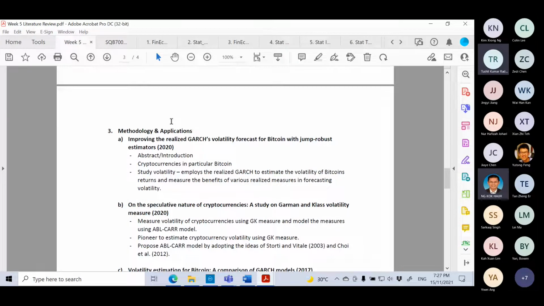So in the third section, we have methods. We need to come up with the methods. What I mean by methods here is that maybe they have a certain model, and then they use that particular model, or they create new models for modeling time series data.